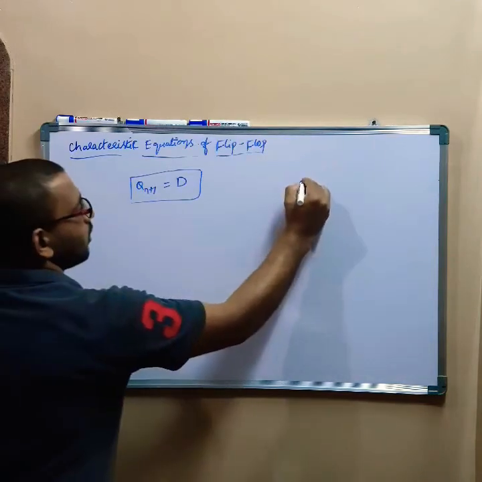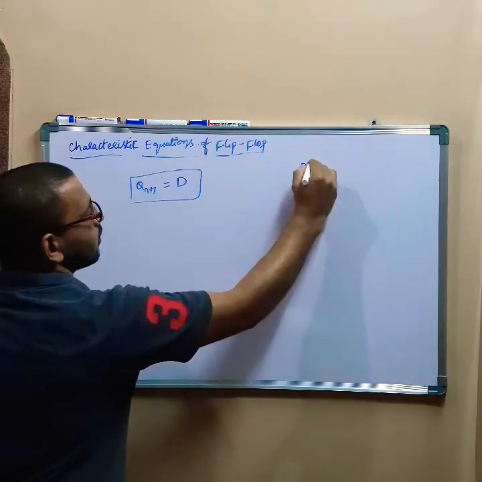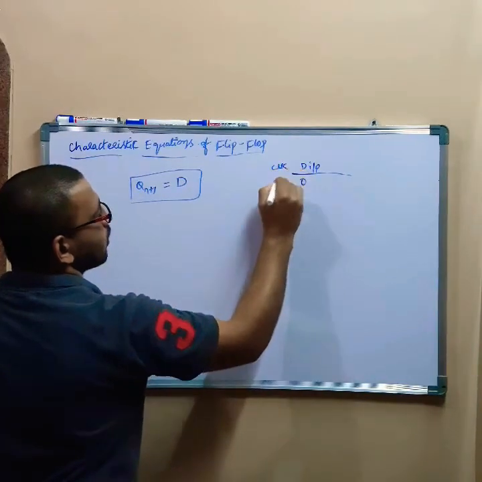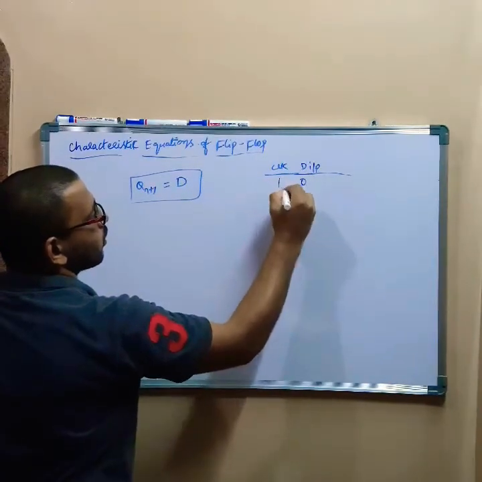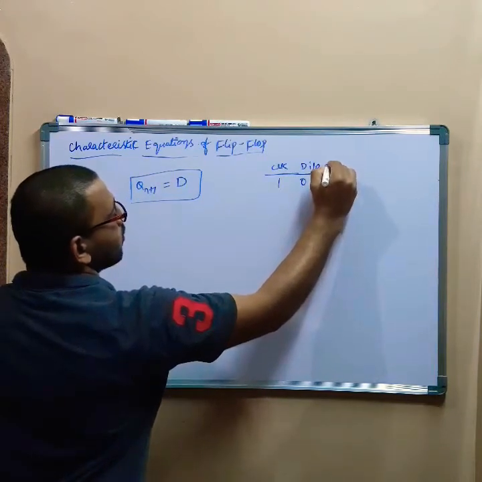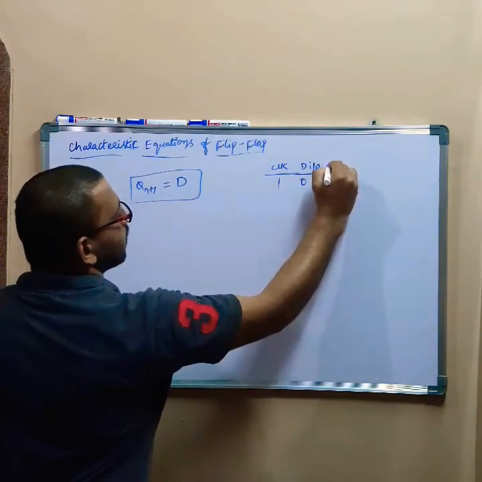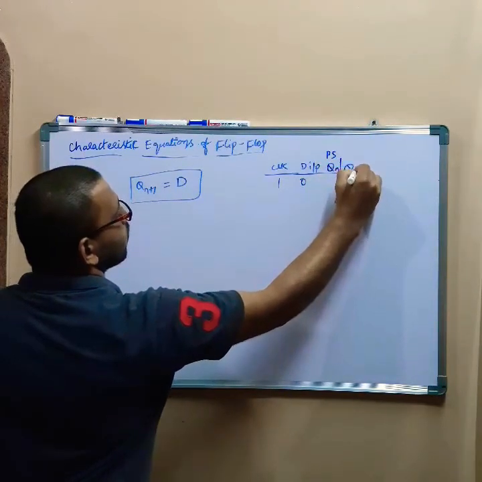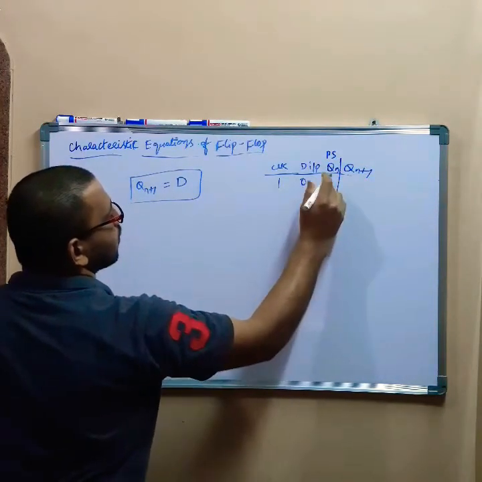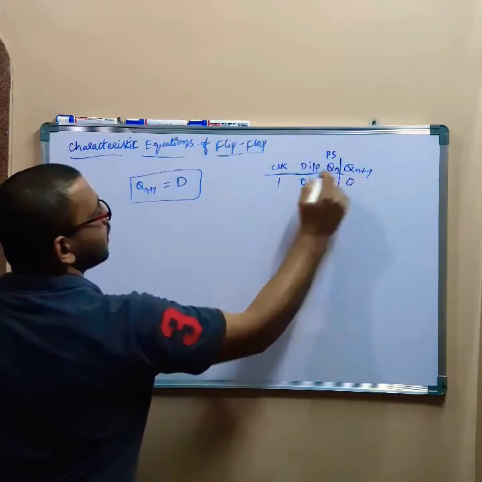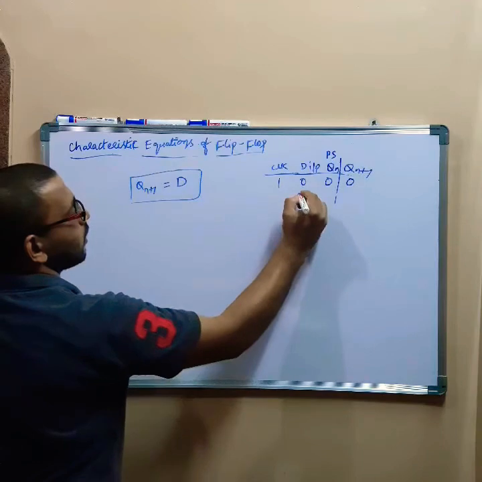If D is 0, D input is 0. This is the D input. This is the clock pulse you have. When clock pulse is present, D input if you apply 0, present state Qn, right? What is the output next state you got? When the past output present state is 0, D input is 0, Qn plus 1 is 0.